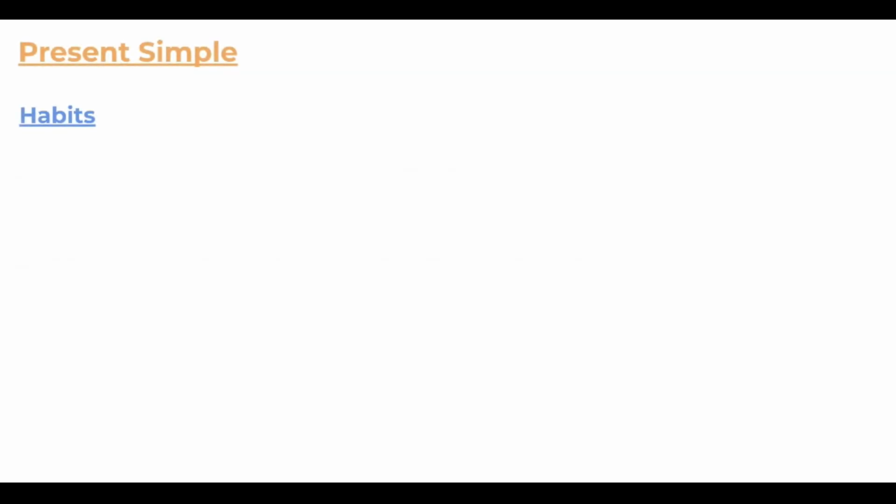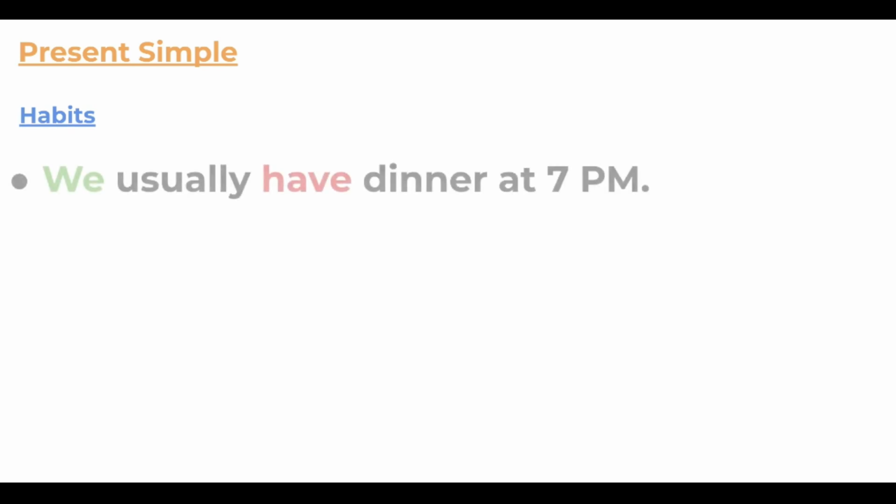Okay, another scenario in which you can use the present simple is when talking about habits. So this time we have we, plural subject. We usually have dinner at 7 p.m. So we've got a modifier there between we and have, but nevertheless we can still see that the verb matches the subject.